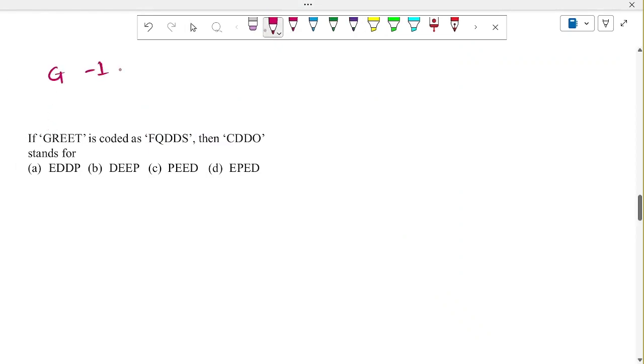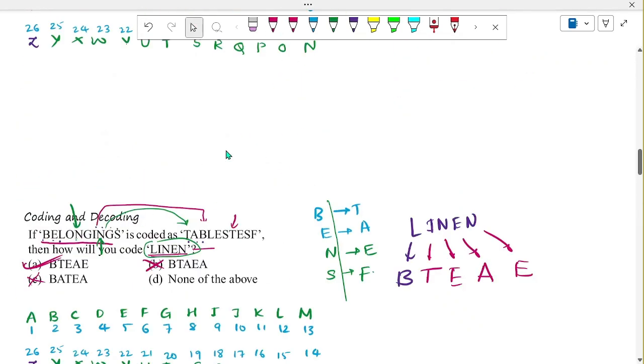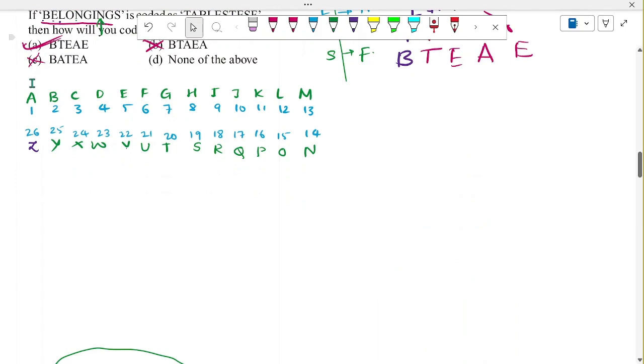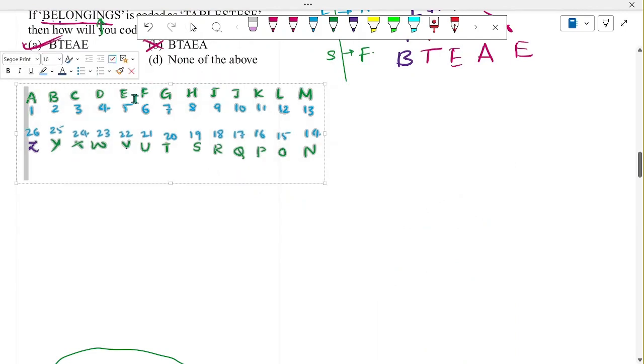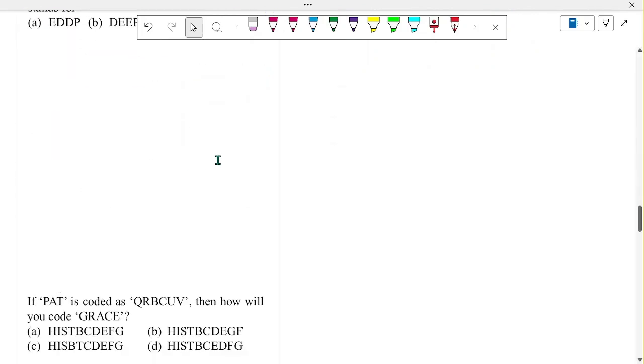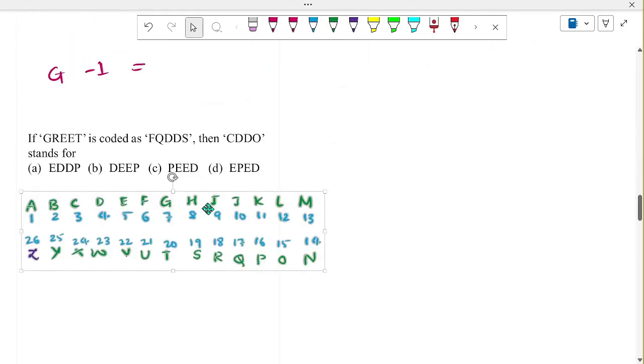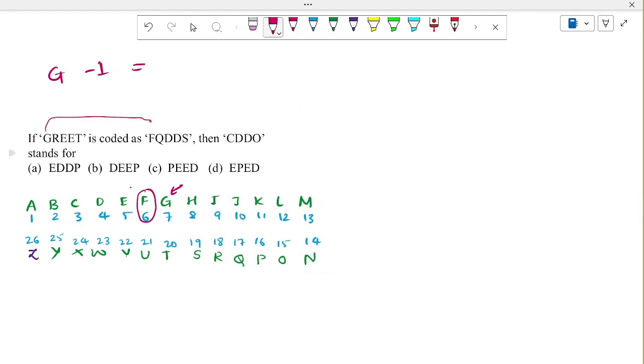G minus 1. What is this? We'll get the letters. G minus 1 means we'll be dealing with this one, F. So they have given F, and then R minus 1.